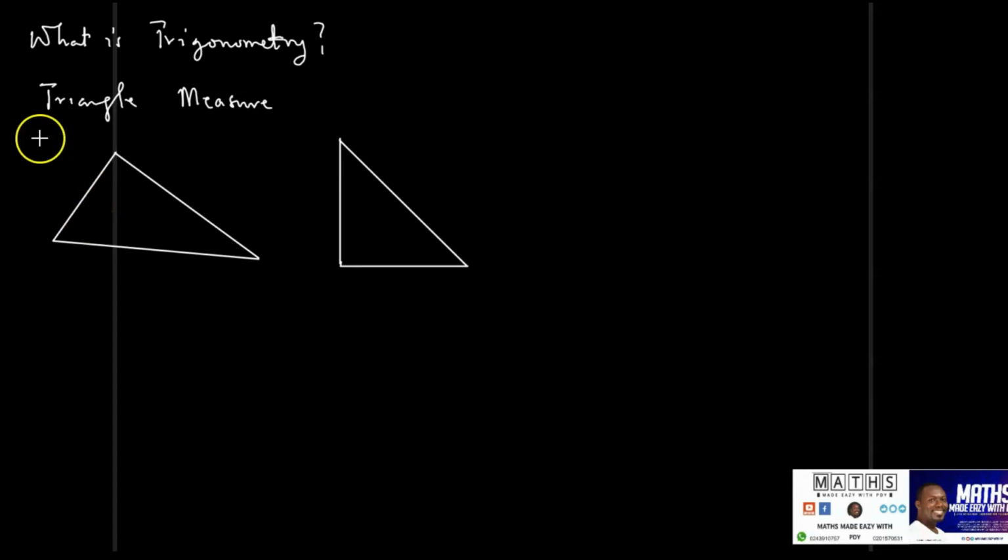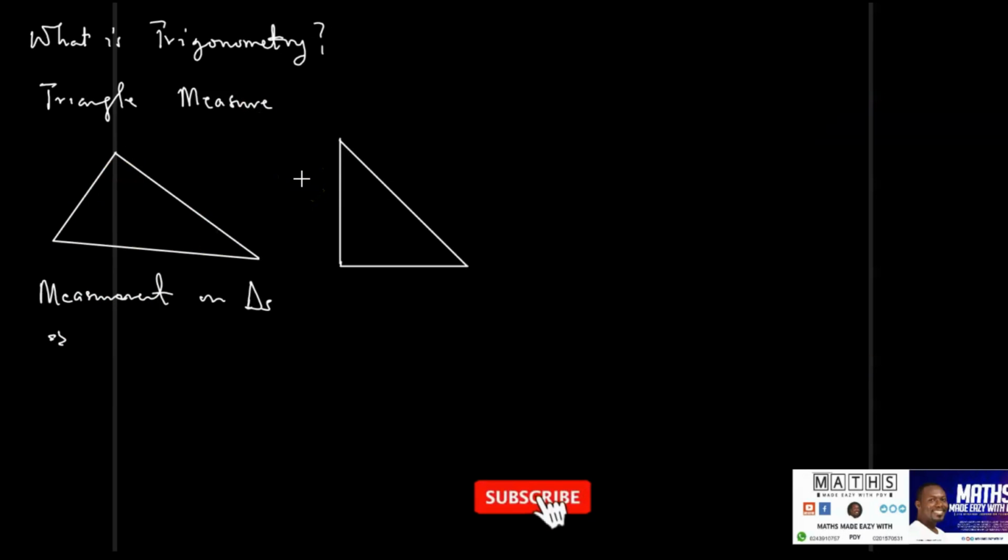So if I may ask, what are the forms of measurement we can have on a triangle? Measurements on triangles. What are the kinds of measurements we can generate from a given triangle?